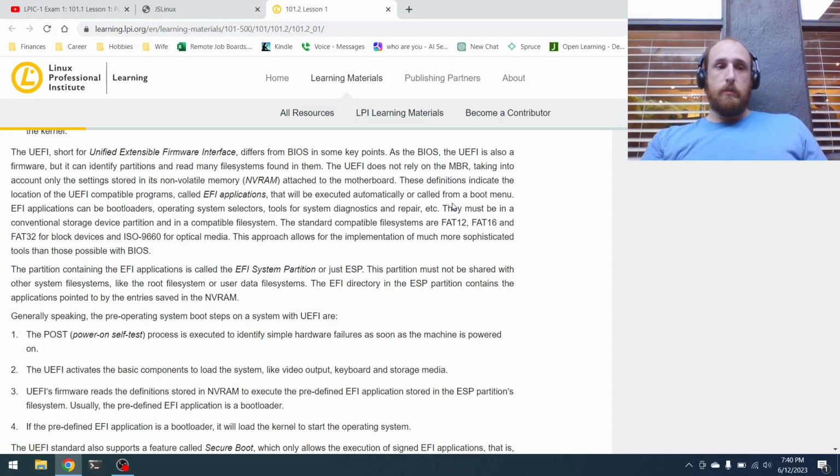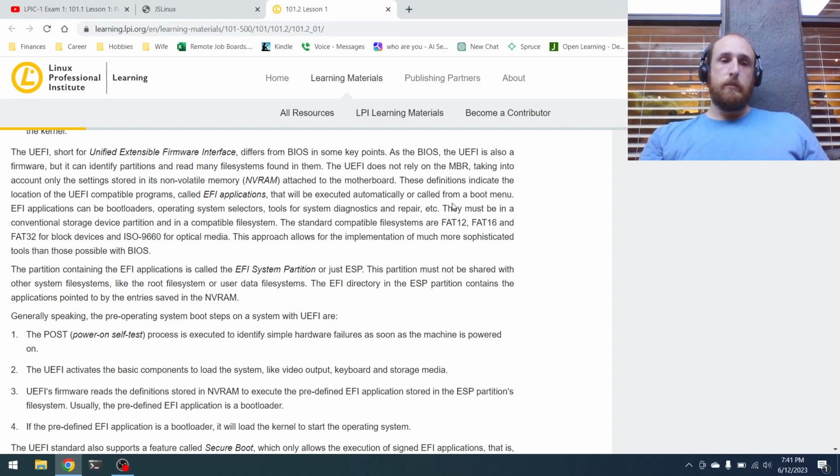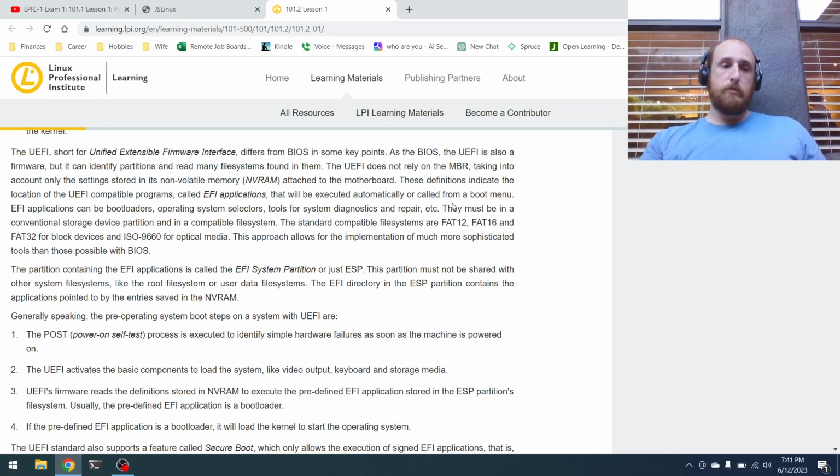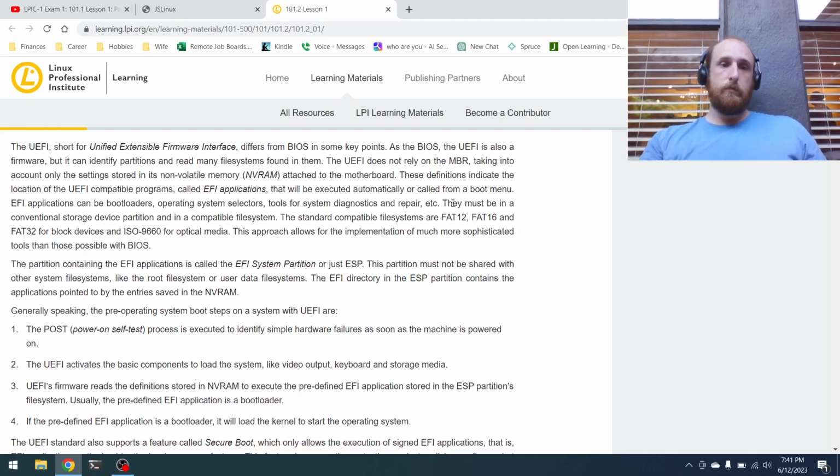These definitions indicate the location of the UEFI compatible programs, called EFI applications, that will be executed automatically or called from a boot menu. EFI applications can be bootloaders, operating system selectors, tools for system diagnostics and repair, etc. They must be in a conventional storage device partition and in a compatible file system.